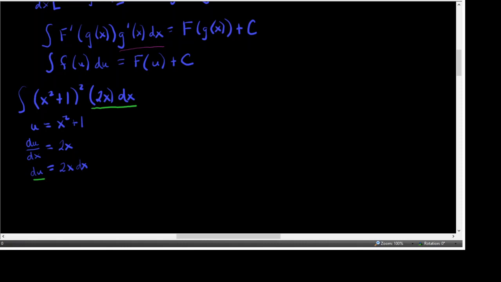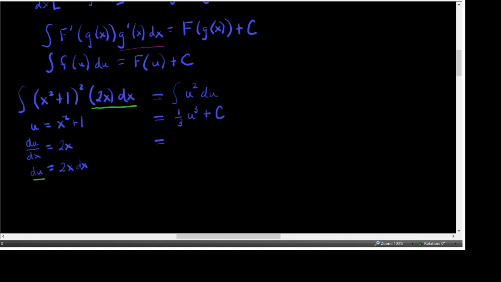And so what this becomes in terms of u is that since u is x squared plus 1, the beginning part of that integral is going to be rewritten as u squared, and then the 2x dx will be rewritten as du. And so treating u as a dummy variable, the antiderivative of something squared is going to be raise that power by 1 and divide by that new power, which gives you 1/3 of u cubed plus c.